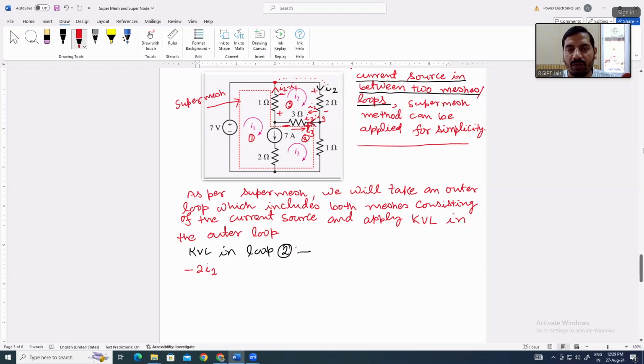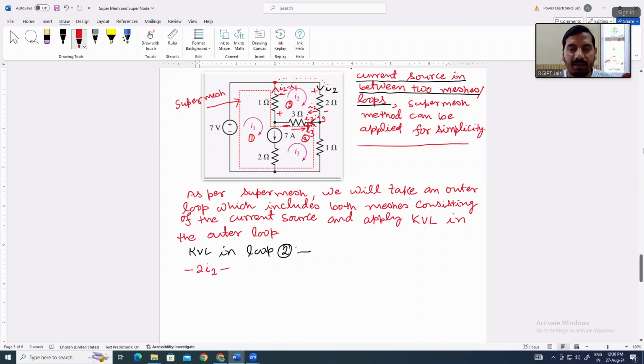What about the voltage drop across 3 ohm? 3 into I2 minus I3, right? And what will be the polarity? Negative.